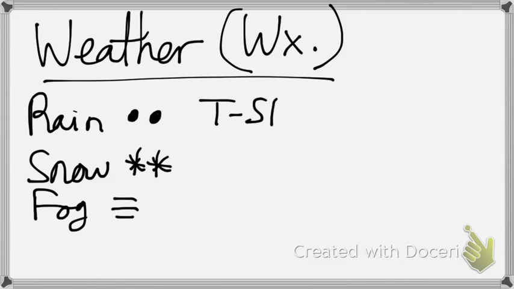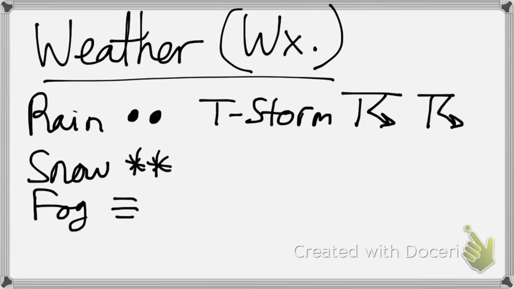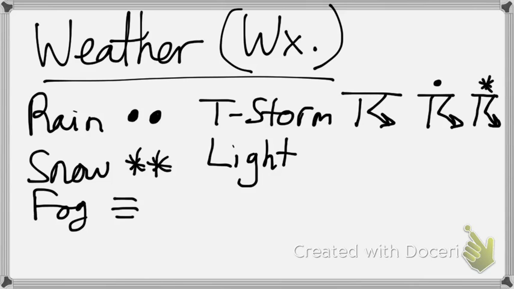Thunderstorm looks like this. A thunderstorm with rain looks like that. Jim Cantore on the Weather Channel gets super excited over this stuff, but if there is thunder snow, it looks like that. Lightning, if you just have lightning without a storm, looks like that.